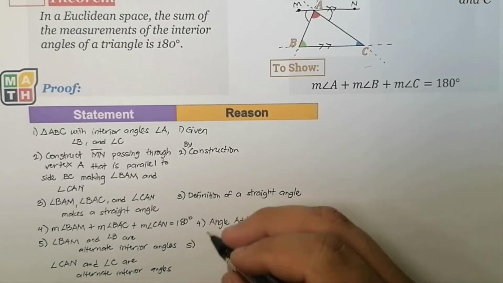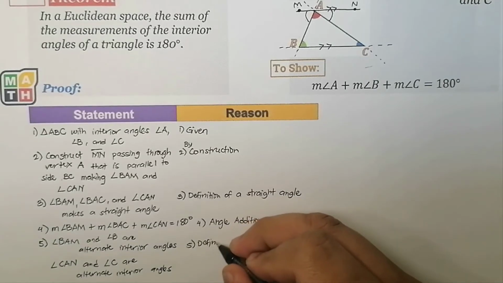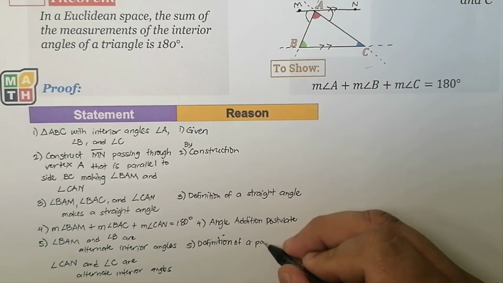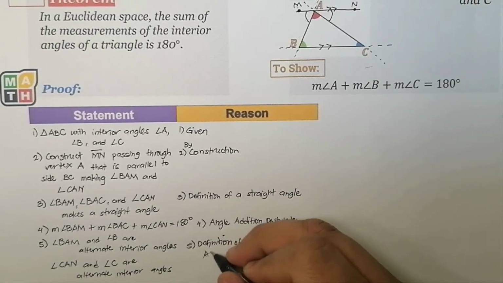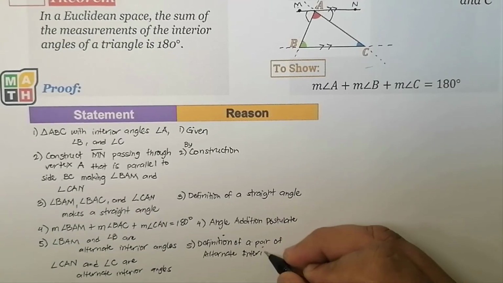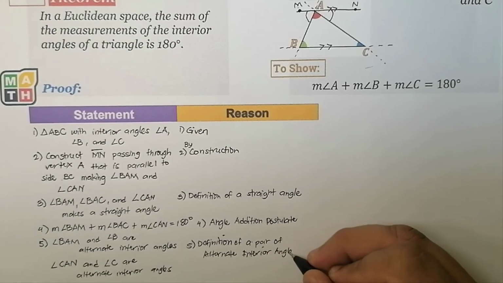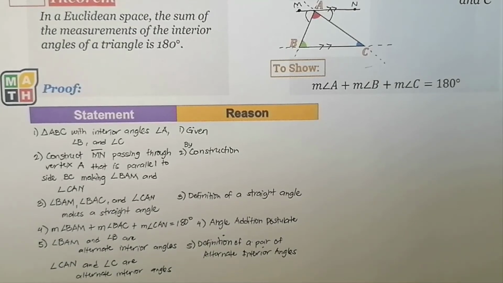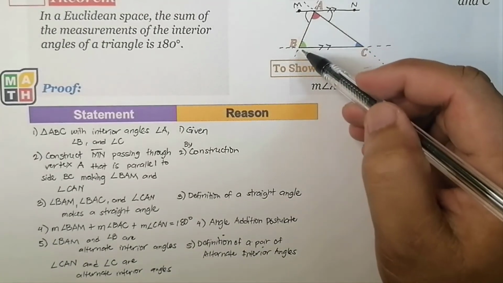This is under the definition of a pair of alternate interior angles. Why is it that it's important for us to come up with a pair of alternate interior angles here as well as here?